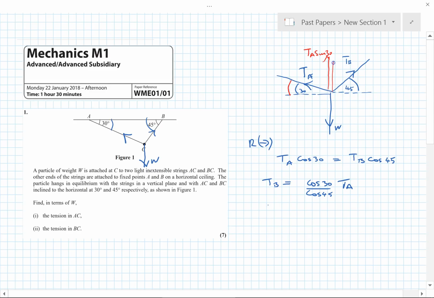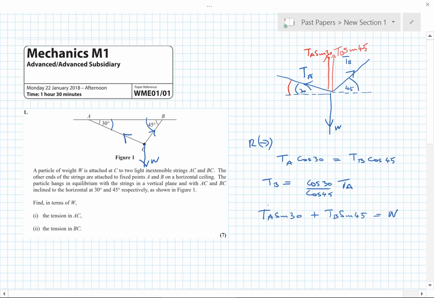Similarly, TB sine 45 is a component there, and they're balanced with the W force going downwards. Okay, so that enables us to write a vertical equation. So we have TA sine 30 upwards plus TB sine 45 also upwards equals W.